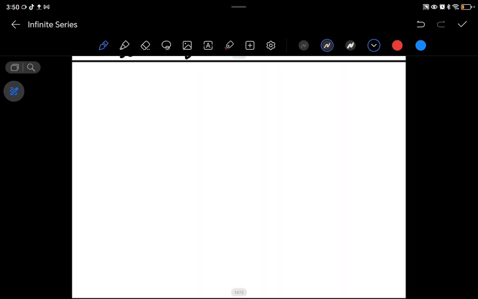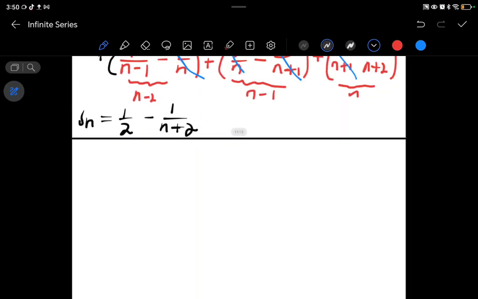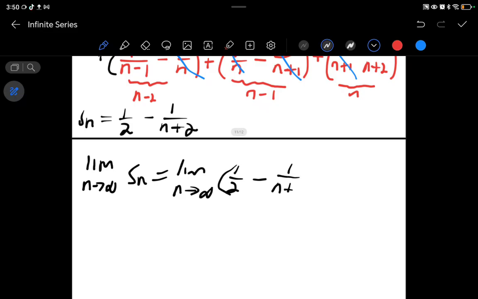Then now we need to find the limit of the partial sum. Right? We say the limit as n approaches infinity of S_n will be equal to the limit as n approaches infinity of 1 over 2 minus 1 over n plus 2. We agree, right?